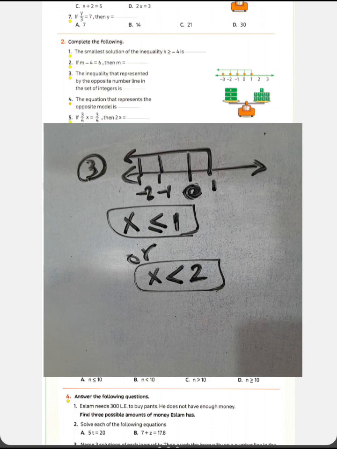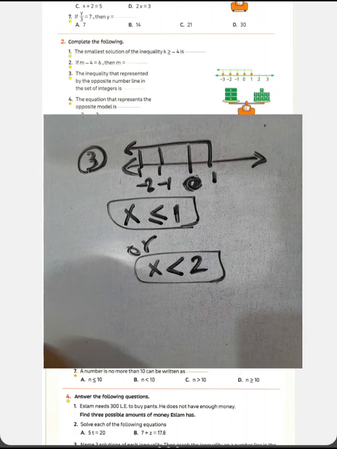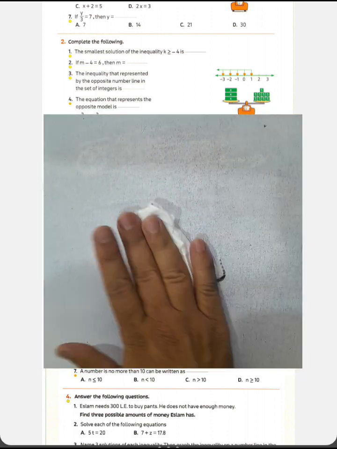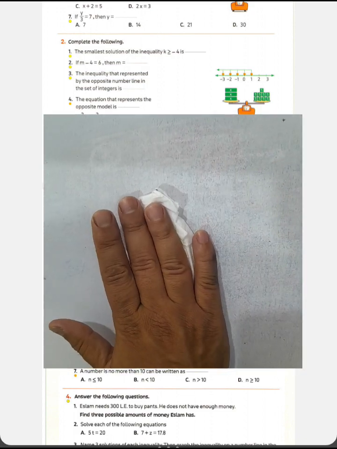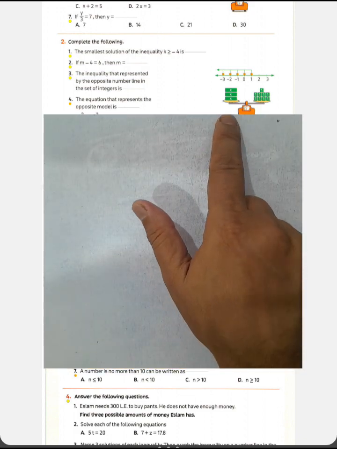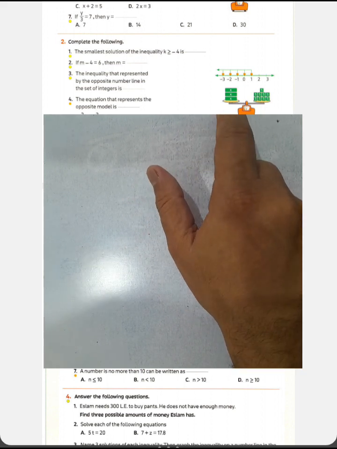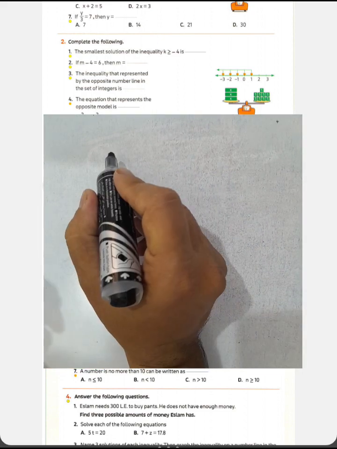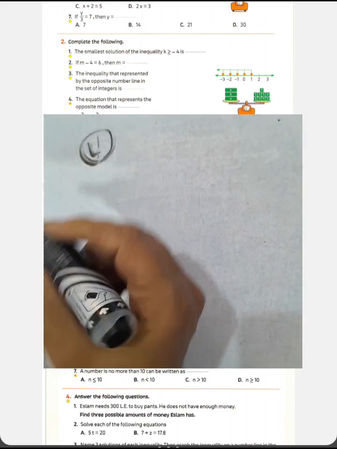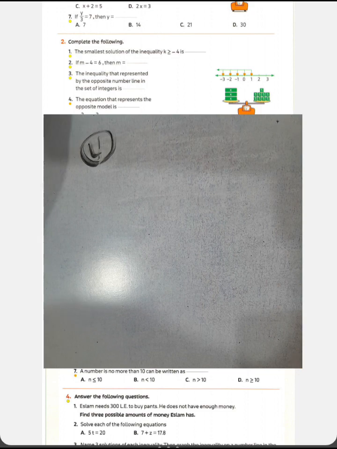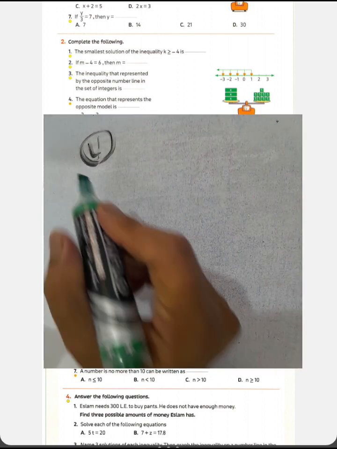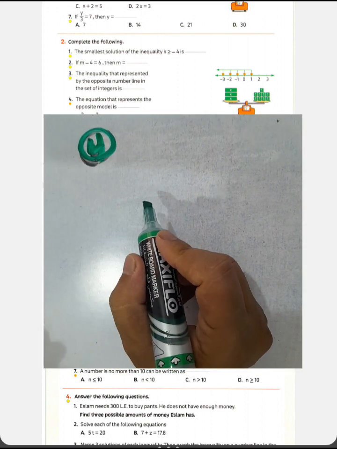About question number 4, the equation that represents the opposite model. We have here how many x? 1, 2, 3, okay, 3x, and we have here 9. 3x equals 9.